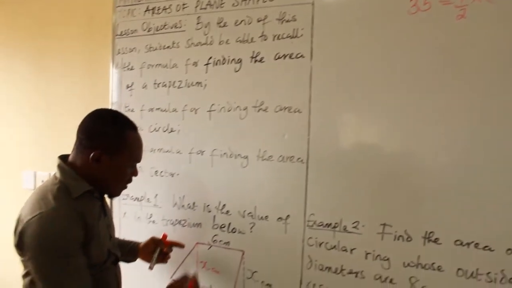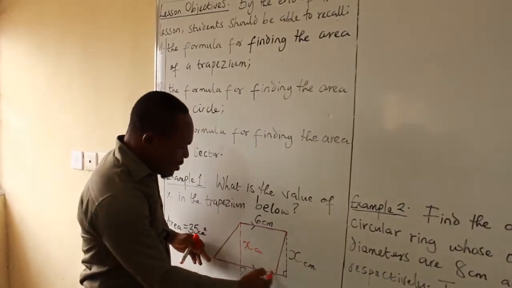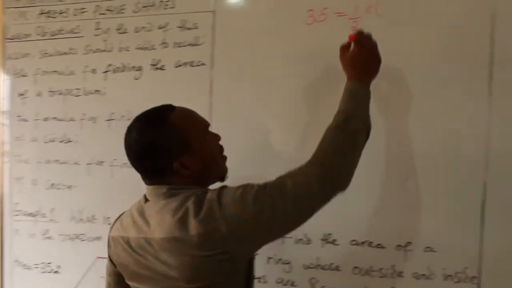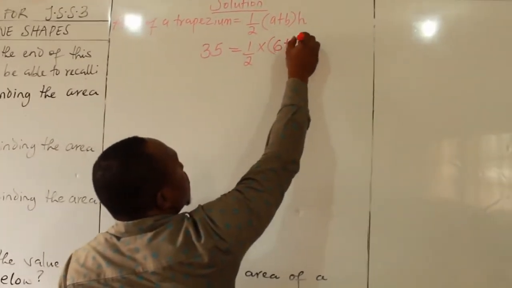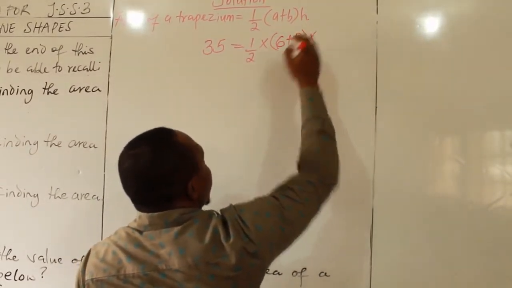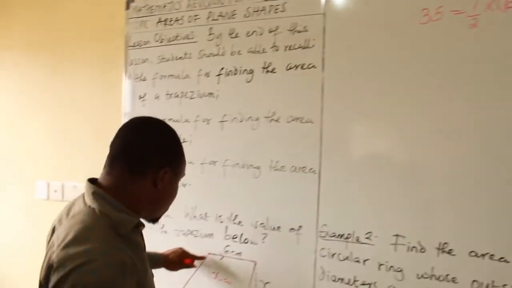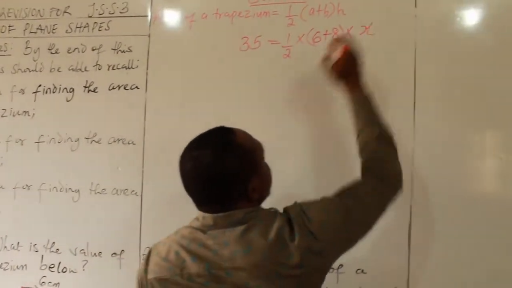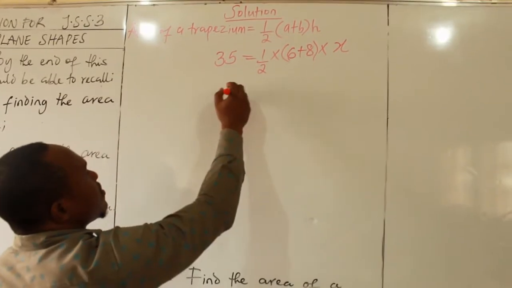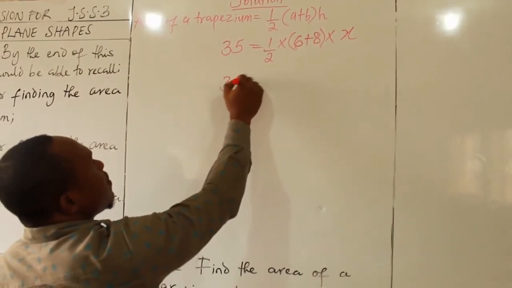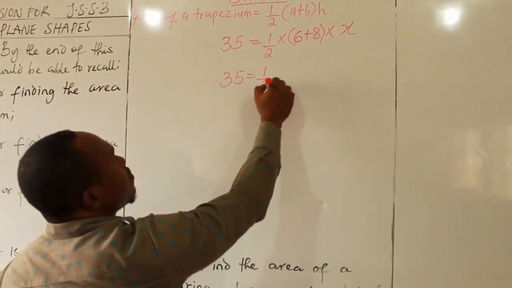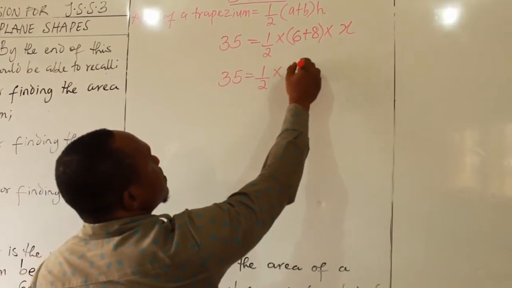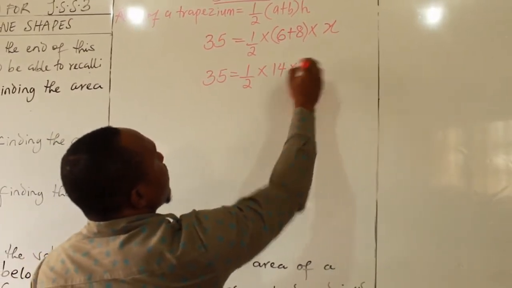The parallel sides we have here are 6 centimeters and 8 centimeters. So we'll sum them, we'll have 6 plus 8 multiplied by the height of the trapezium, which I earlier said is x centimeters. So we have something like this. 35 is equal to 1 over 2 multiplied by 14 multiplied by x.